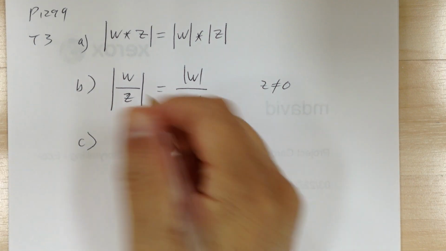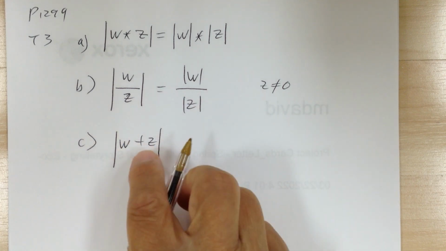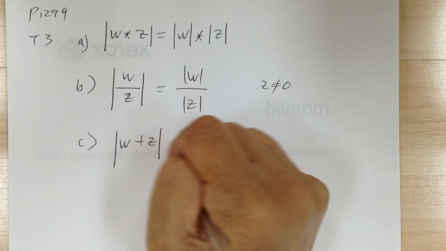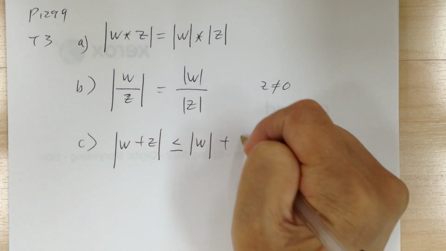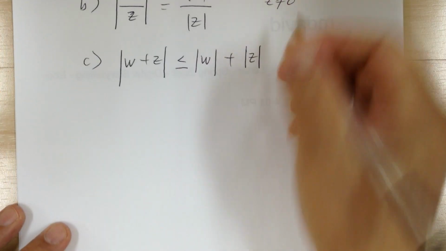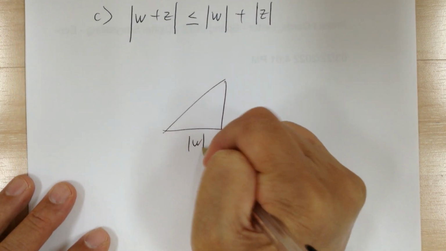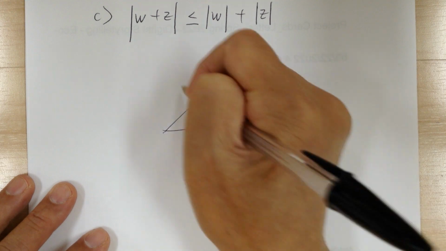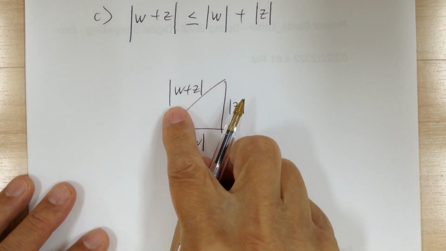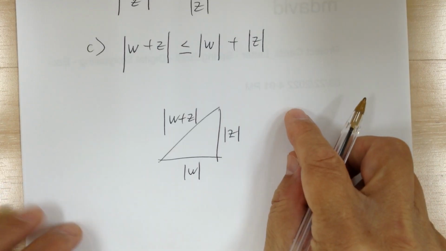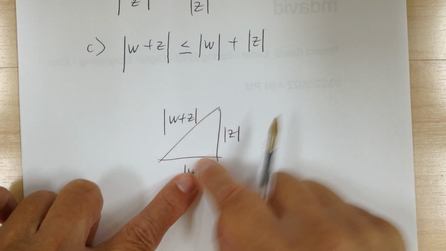Okay, so for C, talking about the length. Remember, absolute value means length, right? This is going to be less than or equal to the length of w plus the length of z. So what it's saying is this. When you have a triangle, this is the absolute value of w, the absolute value of z, and this is the absolute value of w plus z. So what it's saying is that the hypotenuse has to be less than the two together.